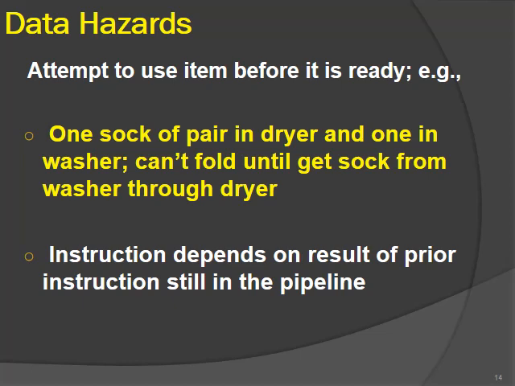The second type of hazard is the data hazard. Data hazard occurs when there is an attempt to use an item before it is ready. It means that if one sock of a pair is in the dryer and one is in the washer, we cannot fold until we get the whole pair from the washer through the dryer.